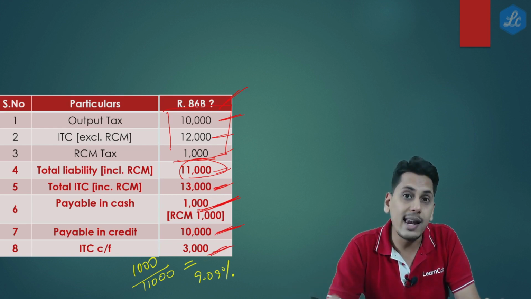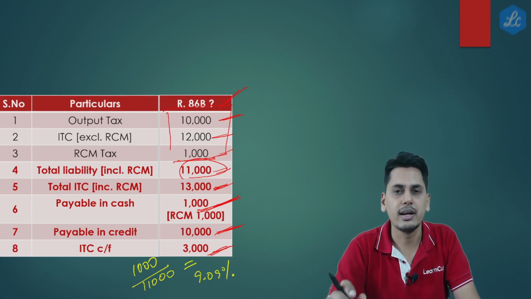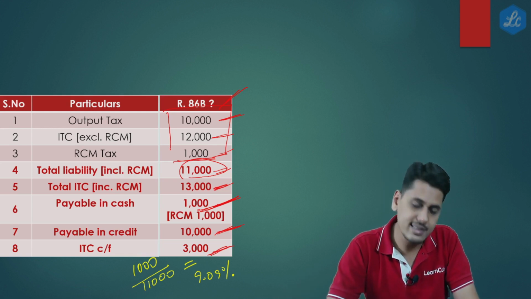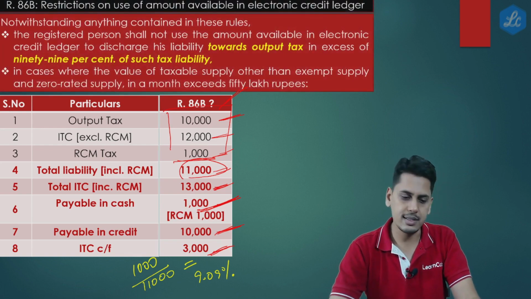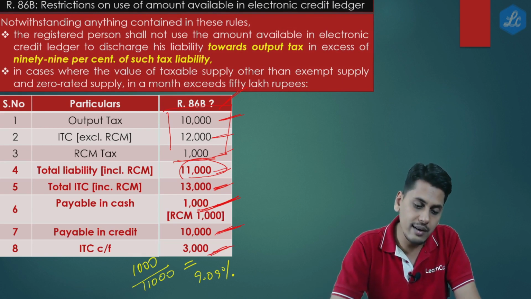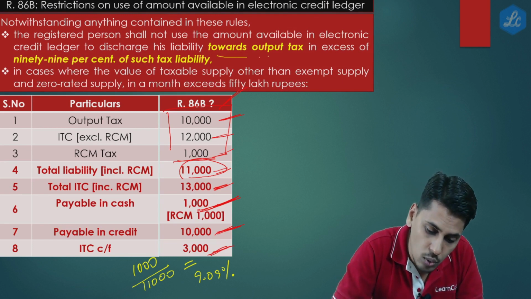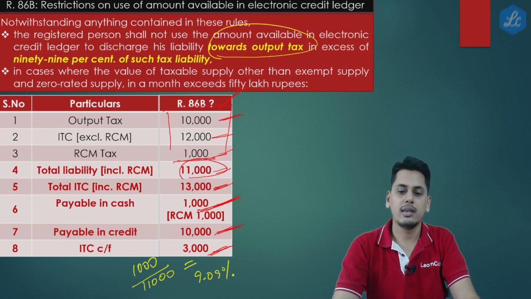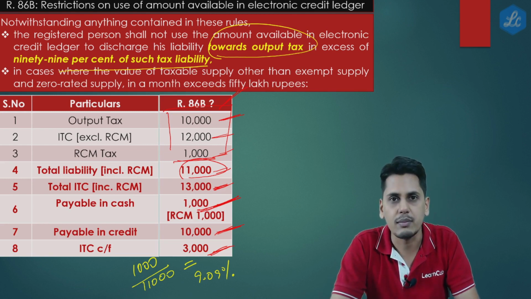Have I validly complied, or have I complied with Rule 86B correctly? Friends, let's have a look at Rule 86B. What does it tell us? It tells us that the registered person shall not use the amount available in the electronic credit ledger to discharge his liability towards output tax in excess of 99% of such tax liability.